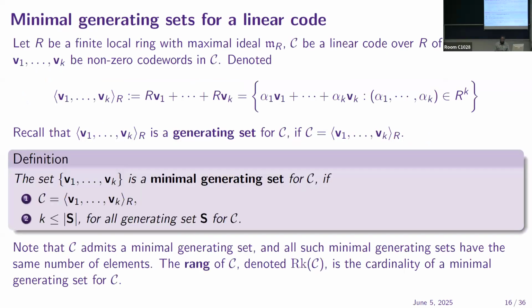Okay. We continue with the minimal generating set for a linear code. If a linear code is over a field, the linear generating set is the basis.